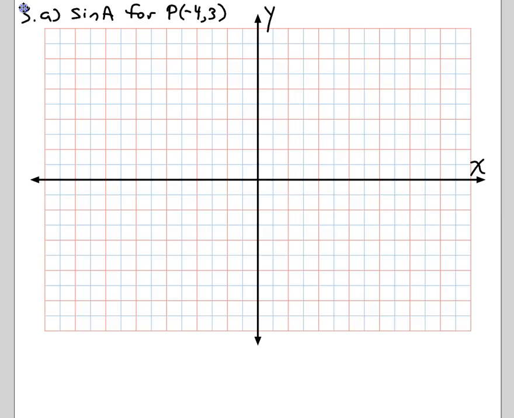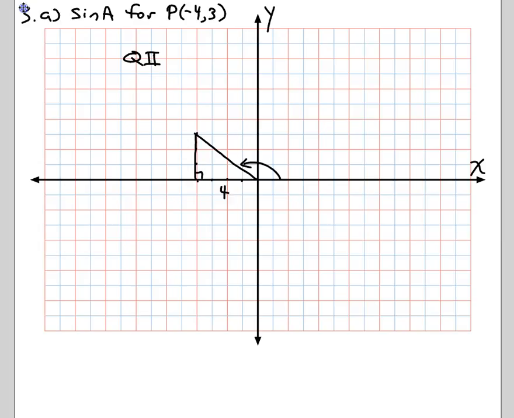So we're going to go to -4, up to 3. You notice this has us in quadrant 2. Okay, and here's our angle, which we know is an obtuse angle. So we can, from there, draw our triangle, label our sides.